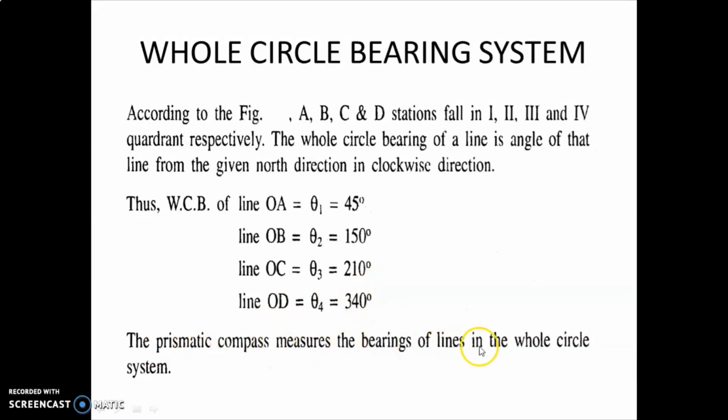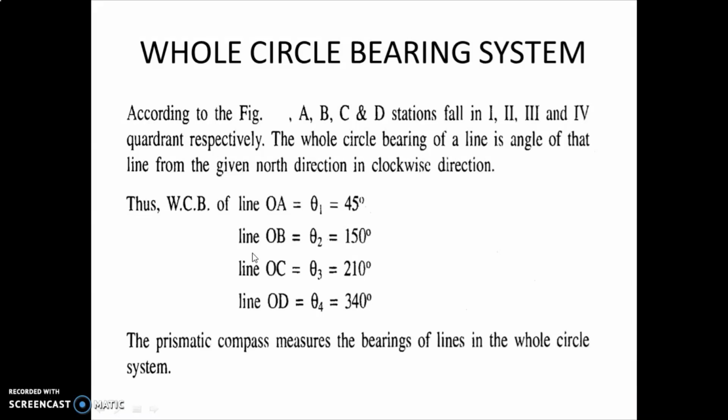The prismatic compass measures the bearing of lines in the whole circle bearing system. As you know, there are two types of compass, prismatic compass and surveyor compass. So the prismatic compass always gives which type of reading? Whole circle bearing system type of reading. And the surveyor compass always gives which type of reading? Reduced bearing system or quadrantal bearing system type of reading.